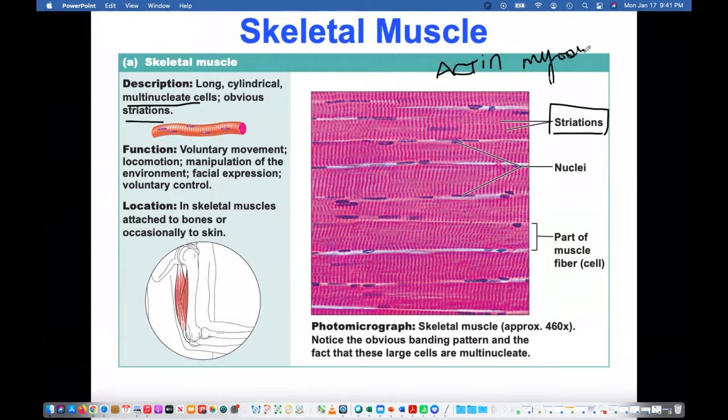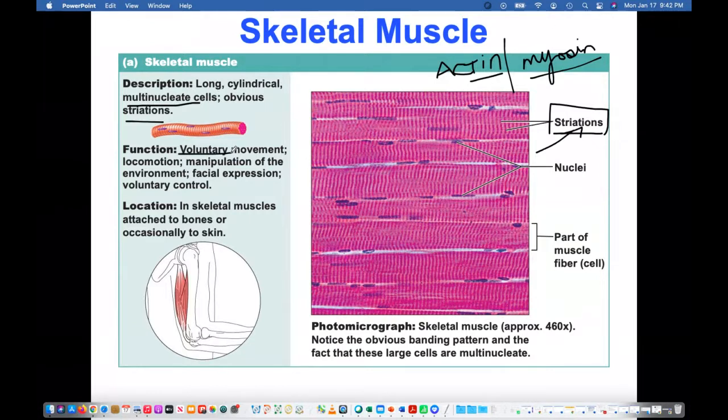Actin and myosin. Those are two of the contractile proteins that make up skeletal muscle. Actin are the thinner ones, and myosin are the thicker filaments. And the way the light penetrates it, it gives it the appearance of these striations.